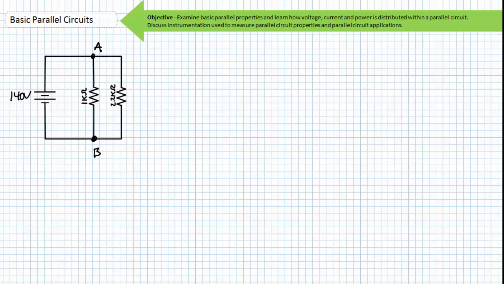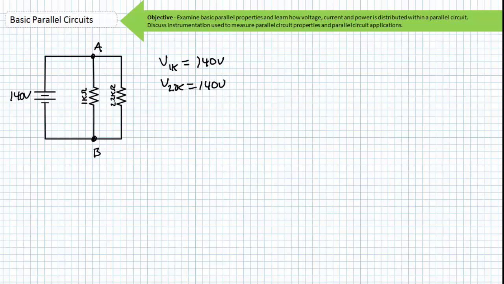If the difference between A and B is 140 volts, it stands to conjecture the difference across components hooked to the nodes A and B is also 140 volts. Don't make this hard. Voltage across elements hooked in parallel is the same. The voltage across the 1 kilo ohm resistor is 140 volts. The voltage across the 2.2 kilo ohm resistor is 140 volts.